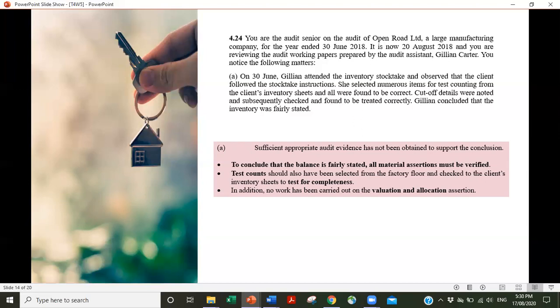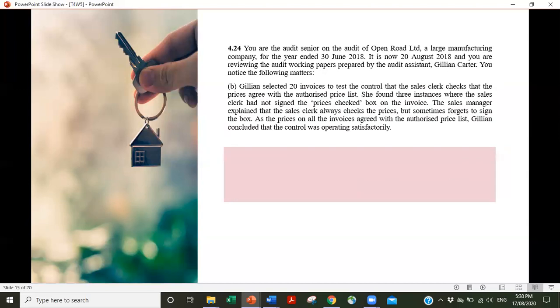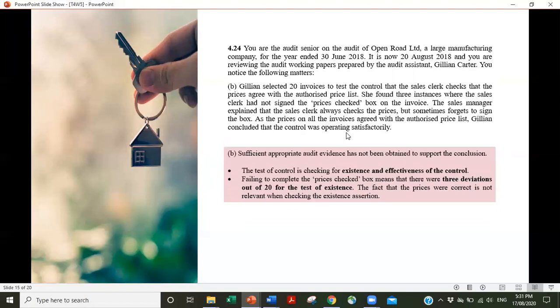The next one is that she selected 20 invoices to test the control that the sales clerk checks the prices. She found 3 instances where it wasn't ticked, and they said that sometimes they forget to sign the box. The prices all agreed, and she concluded that the control was satisfactory.